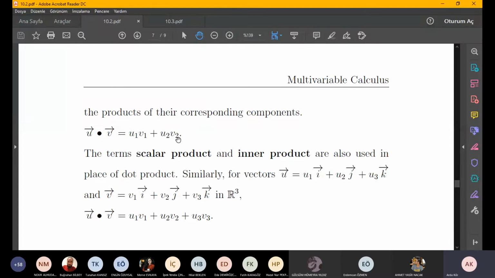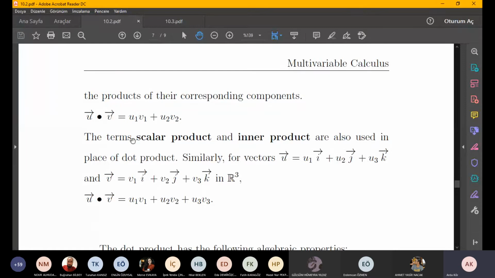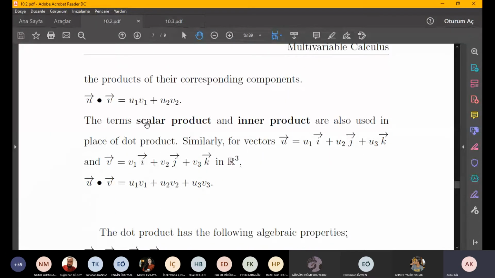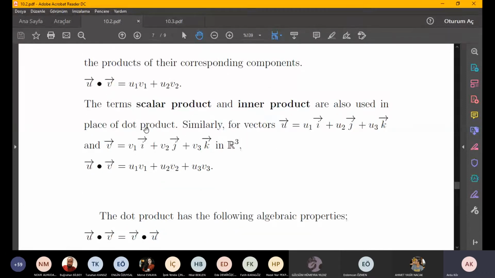So it is the sum of the products of those vectors' corresponding components. You can also use scalar product and inner product instead of dot product, so they express the same thing. And similarly, of course, we can define the dot product in three-dimensional space.